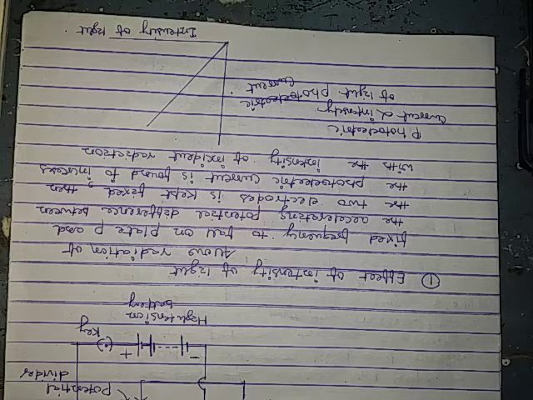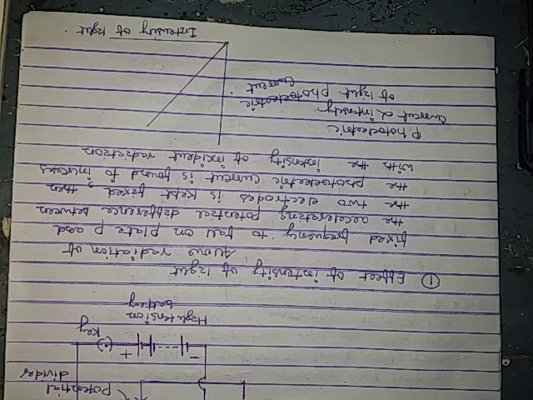Then the photoelectric current is found to increase with the intensity of incident radiation. The frequency of the incident light is kept fixed, and we increase the intensity of light. Then we find that with the increase of intensity of light, the number of photoelectrons also increases. It means the photoelectric current is directly proportional to the intensity of light.